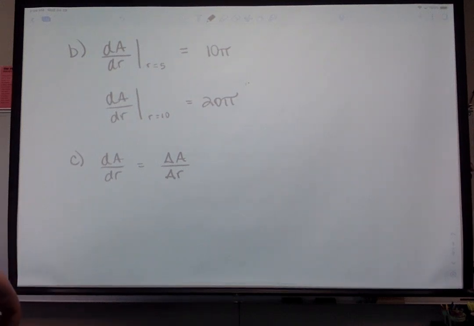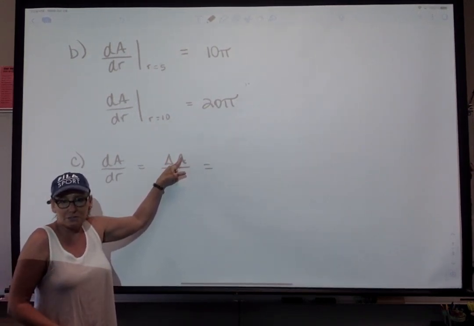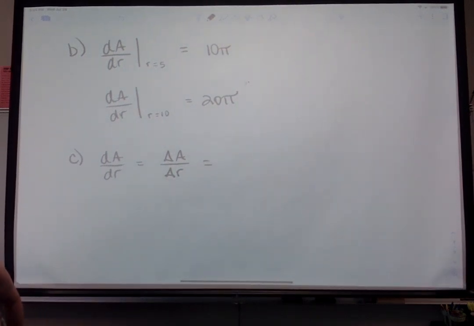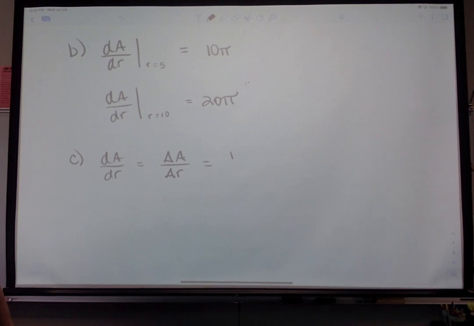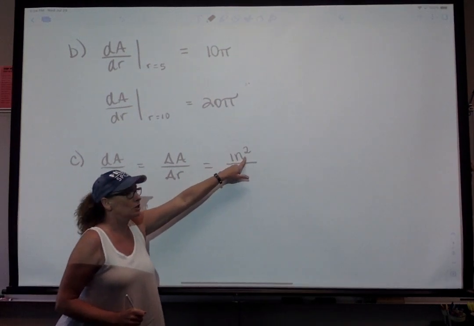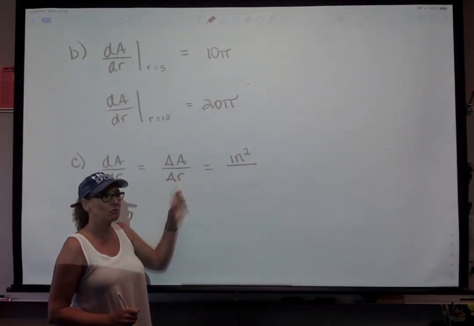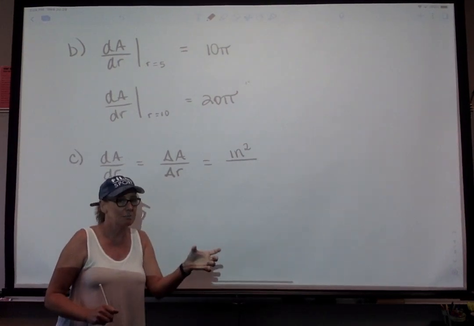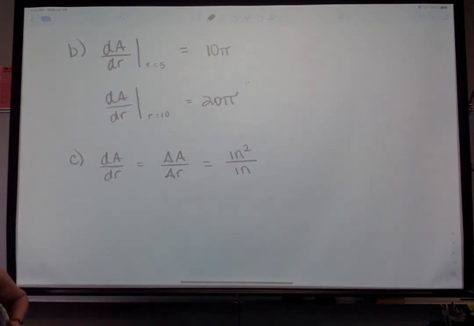So if I am measuring the change in area, what are my units for area? Let's see. Inches. Okay, so the top is going to be measured in square inches. The bottom, how does the radius change? Well, a radius is just a linear measurement, so it's just measured in inches.